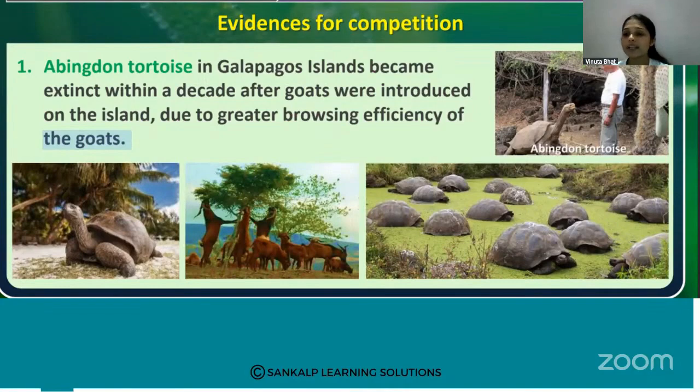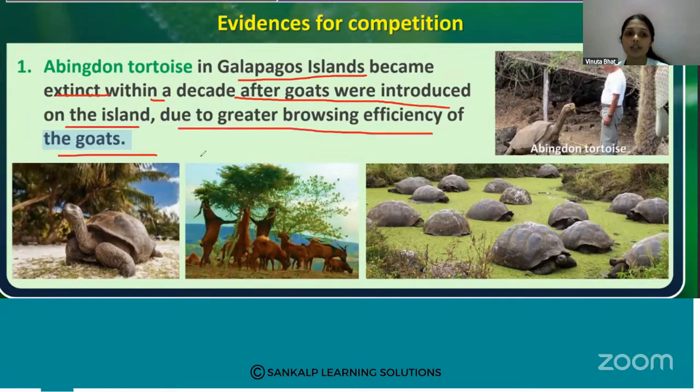Now, some evidence and examples for competition. The Abingdon tortoise in the Galapagos Island became extinct within a decade after goats were introduced on the island, due to the greater browsing efficiency of the goats.